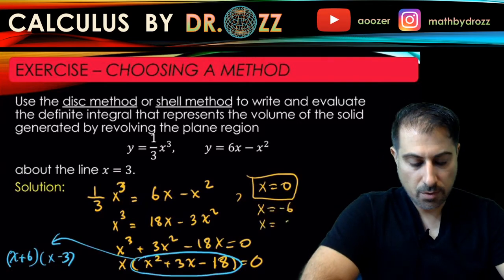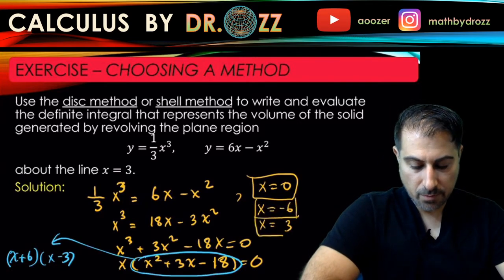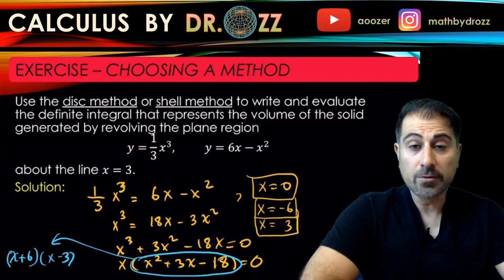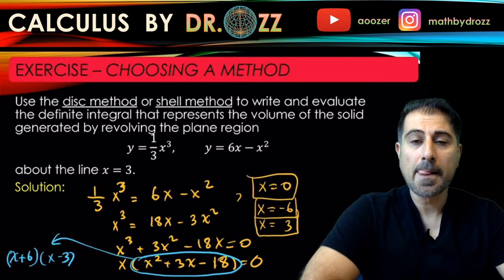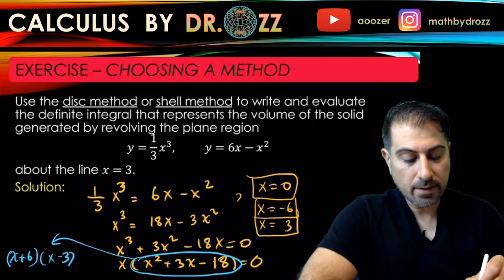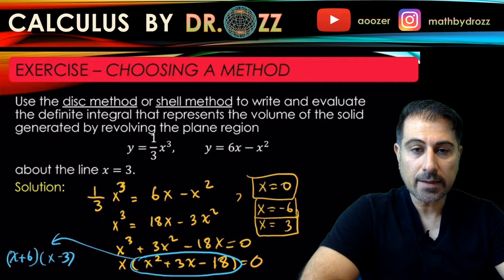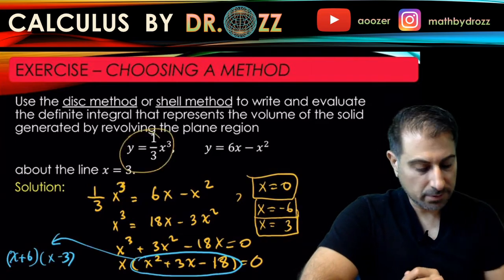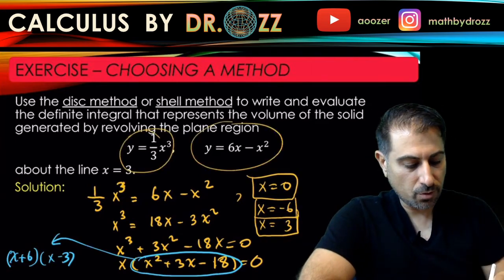Which ones are more relevant? Our region is bounded by x equals 3, so I don't think we're going to go all the way to -6. For your own reference, plot the cubic together with the quadratic and see what the region looks like. I can tell you, in fact, we won't need x equals -6.